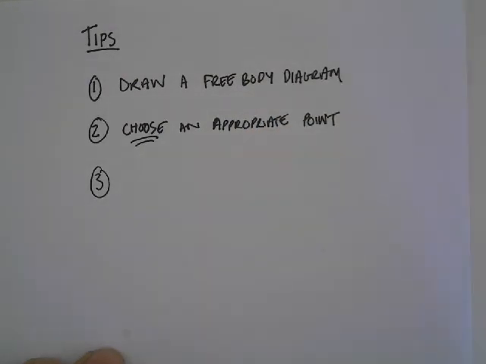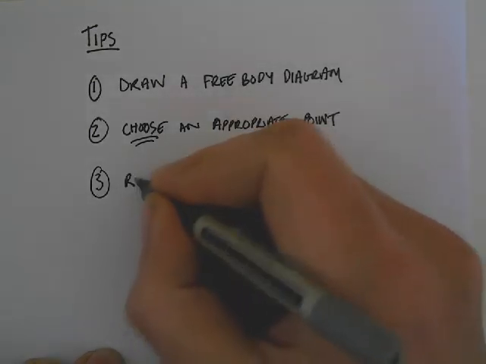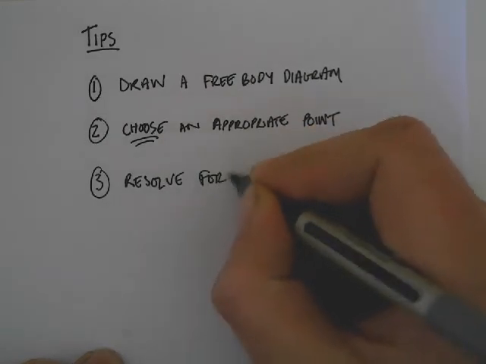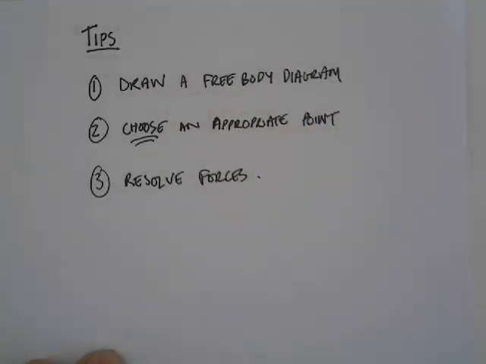And the third thing is sometimes you may be tempted to make questions more complicated than you need to. Often you can find one unknown force in a question using moments, but the second force you can just find by resolving forces.